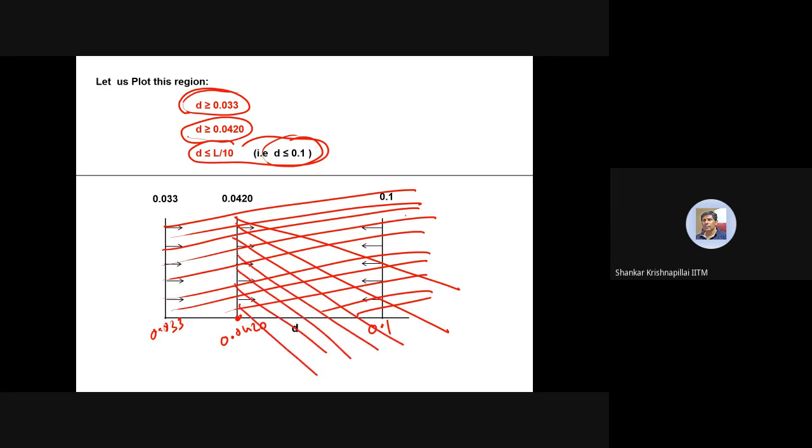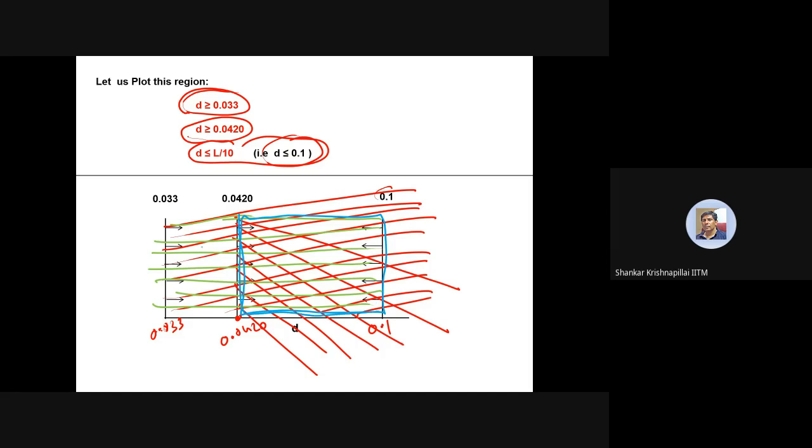Then D less than 0.1 is this hatched region. You can see that this is the common area which contains the intersection of all three constraints.